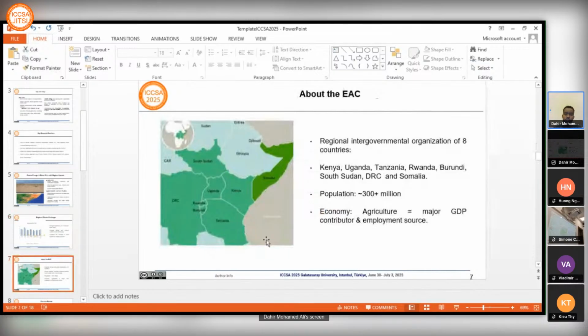Also, the East African community is a regional integration organization consisting of 8 countries, such as Kenya, Uganda, Tanzania, Rwanda, Burundi, South Sudan, DRC, and Somalia. It's estimated that their population is over 300 million people, whose economies depend on agriculture, which mainly contributes to the GDP and employment of those countries.